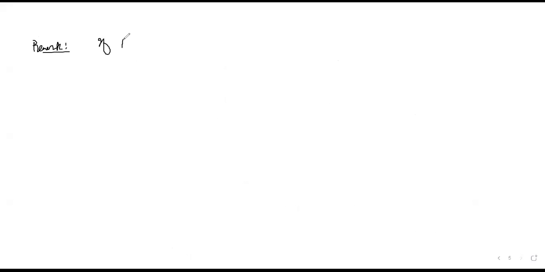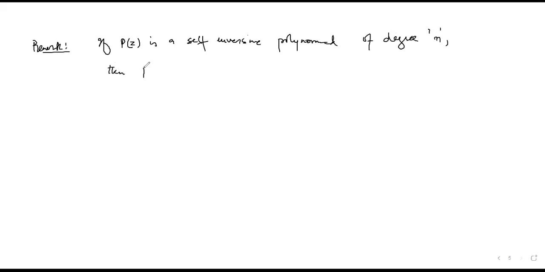If p of z is a self-inversive polynomial of degree n, what does that mean? It implies that p of z can be written as u into z raised power n p of 1 by z bar whole bar, where modulus of u is equal to 1.